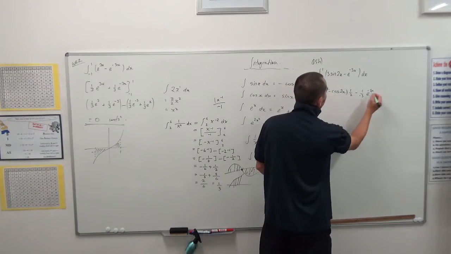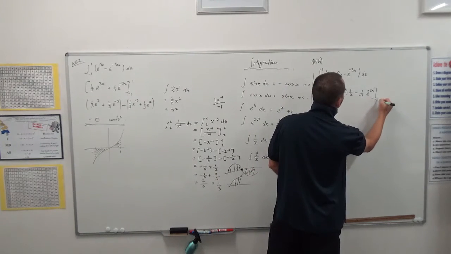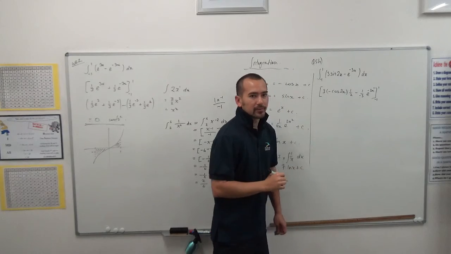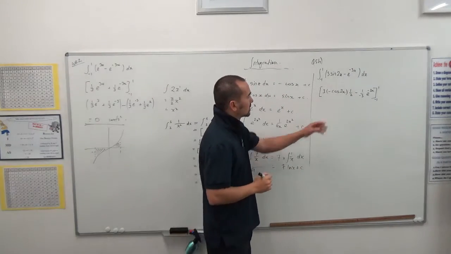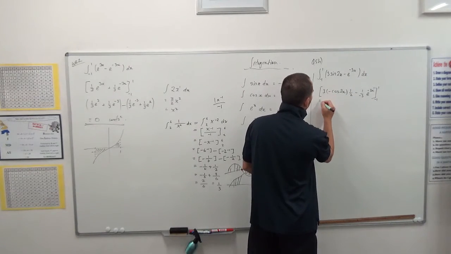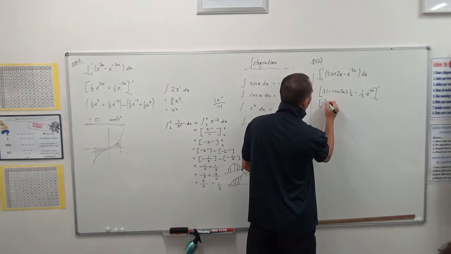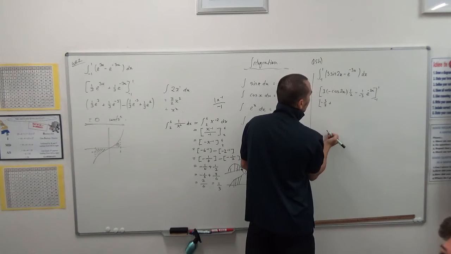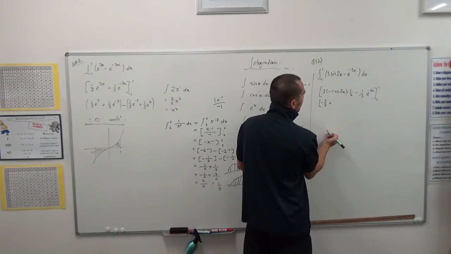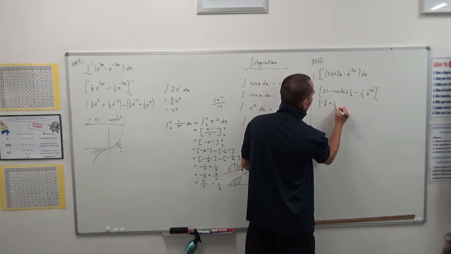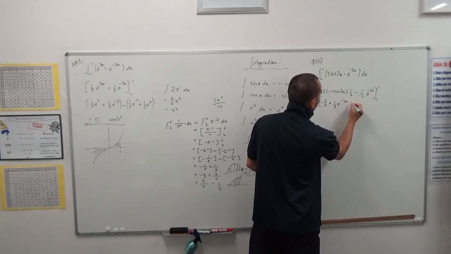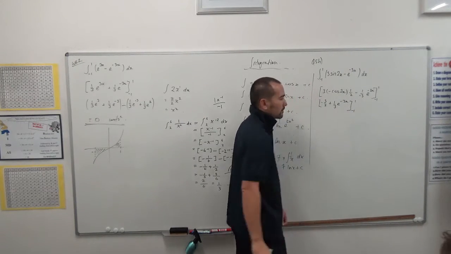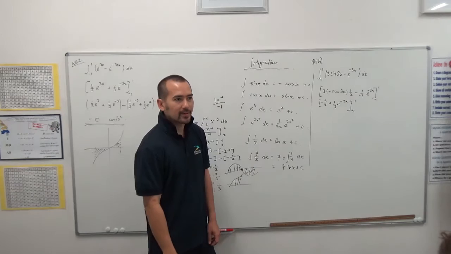And now that we've integrated it, we're going to use square brackets in our boundaries. Okay, now I can simplify this a little bit, so let's do that first. So this is going to come to negative 3 on 2, take away, another takeaway, becomes positive, 1/3 e to the power negative 3x. Okay, everyone happy with that?